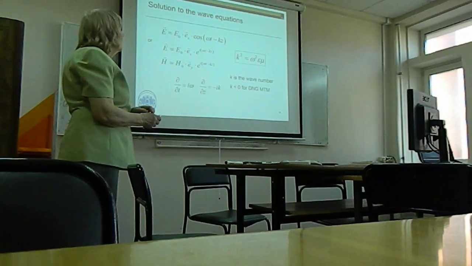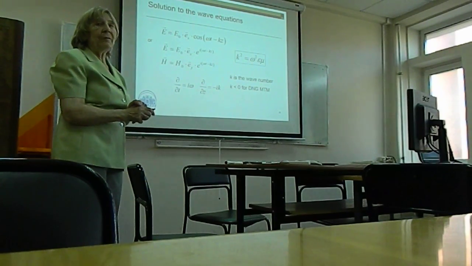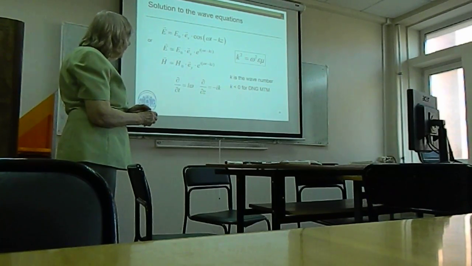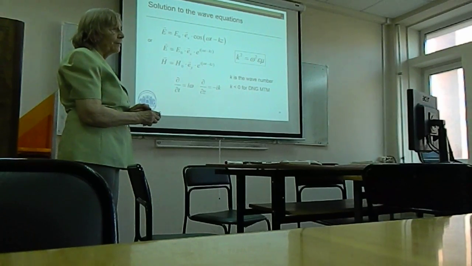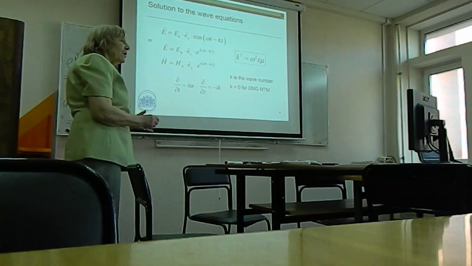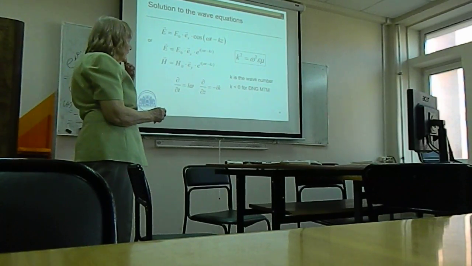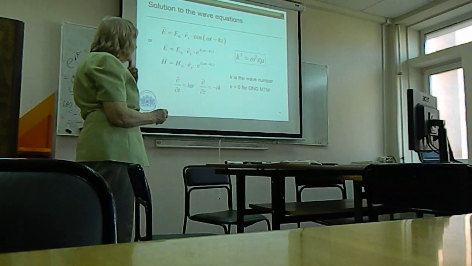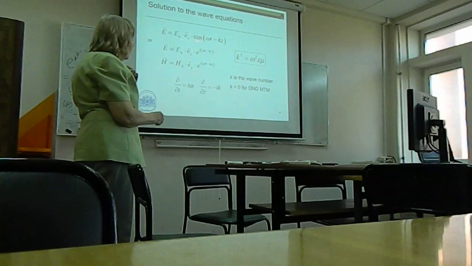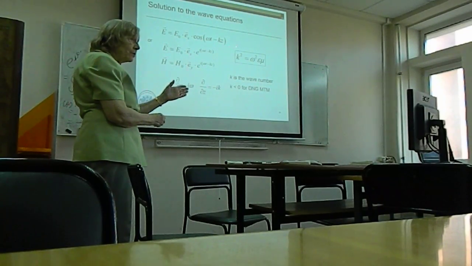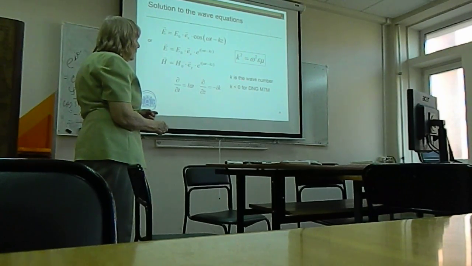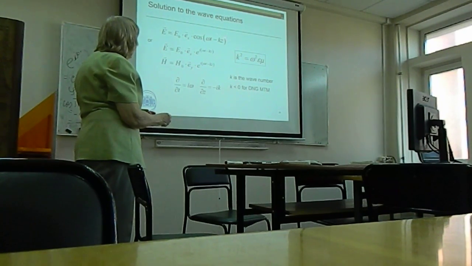We can say that this wave propagation parameter is named the wave number, because it is scalar, not vector. In the general three-dimensional case, it is a vector. For the one-dimensional case, with only one coordinate z, this is scalar, and this is the wave number.